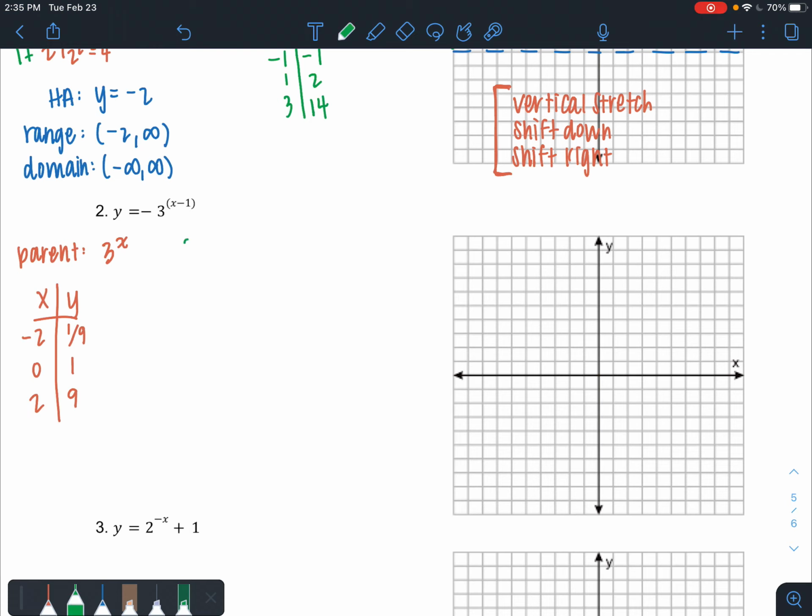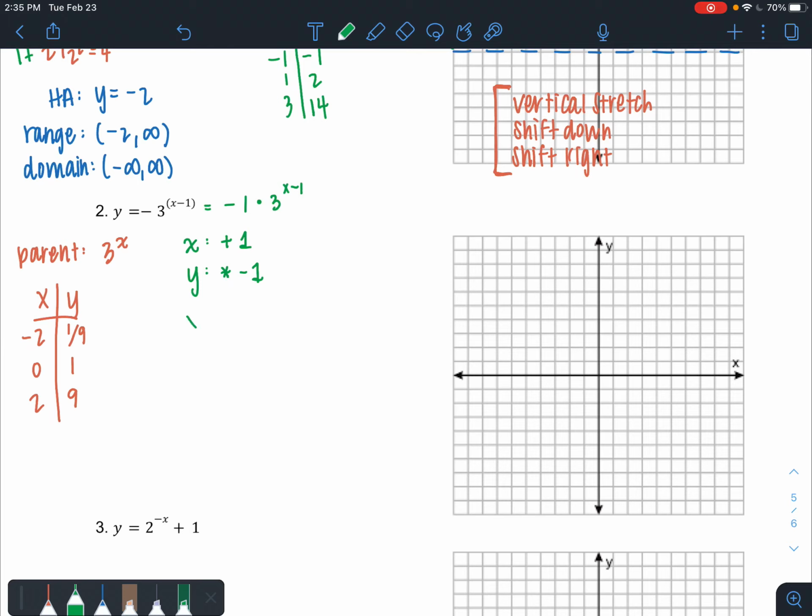Okay, and then our transformations, x, we need to add 1, and then y, we need to multiply by -1, because this can be written as -1 times 3 to the x minus 1. So you can clearly see that value there.